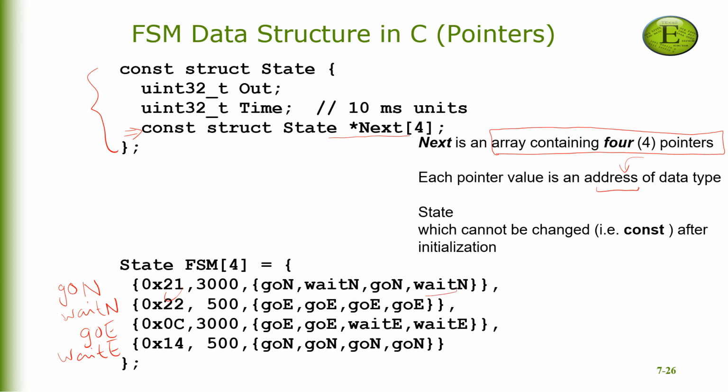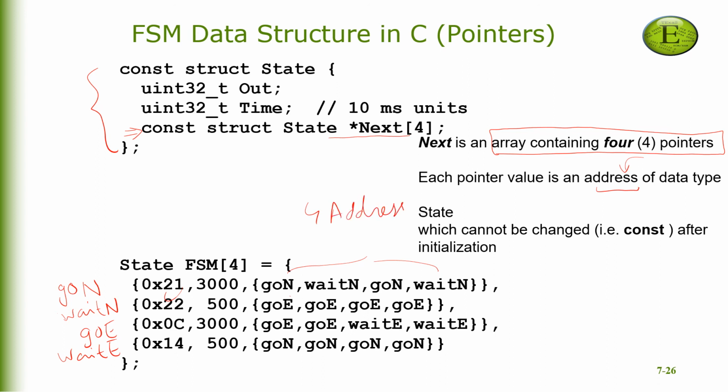Therefore, this whole array is representing the next variable of goN, and the next variable is an array. It contains 4 pointers. Essentially, these are 4 addresses.